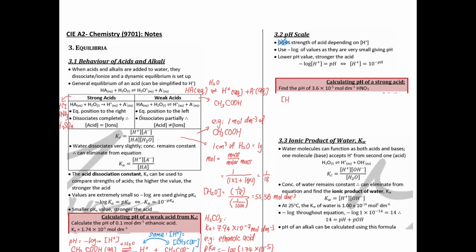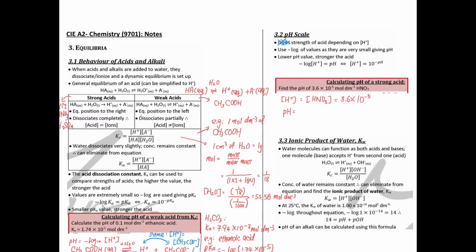Concentration of H plus is equal to the concentration of the acid, which is 3.6 times 10 to the power of negative 5. Then we can do pH already. You will realize the working is very much easier compared to just now, the weak acid, the ethanoic acid. To count pH there, you have to do many steps.